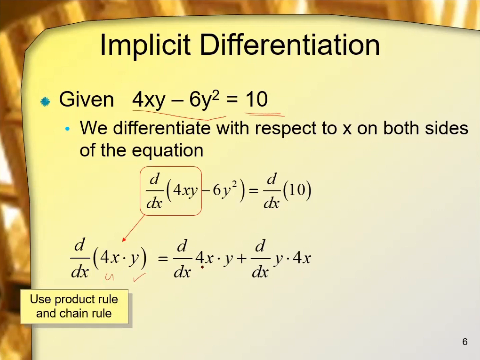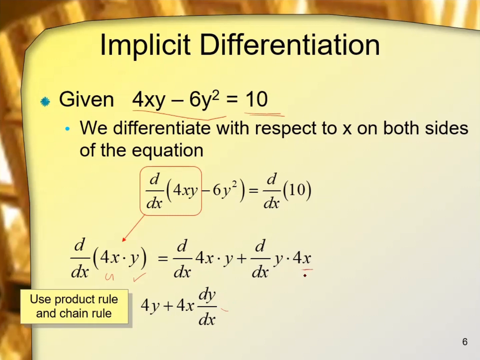Remember, the derivative here is 4x times dy over dx. That's why we have the derivative of 4x dy over dx, since you cannot cancel this one. Then add the derivative of y times the derivative of 4x.